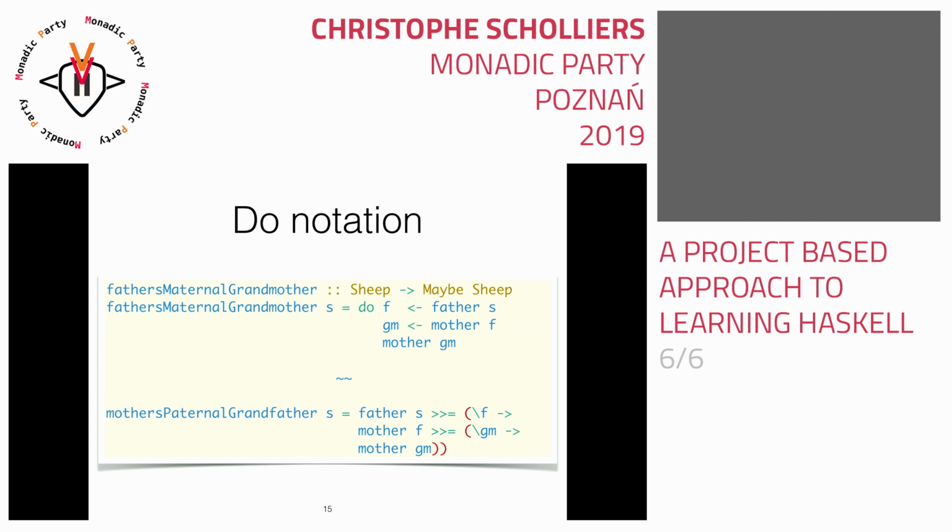So certainly in this case, this code looks much cleaner, or it's much easier to write than this code. And so most of the time you will not encounter this explicitly in Haskell code. Most people will use this do notation.